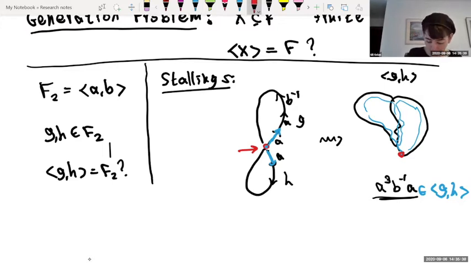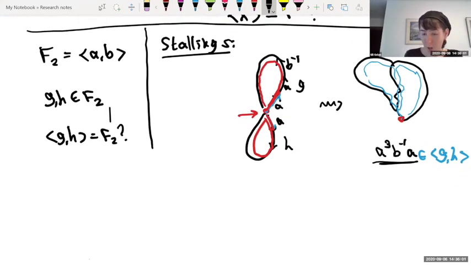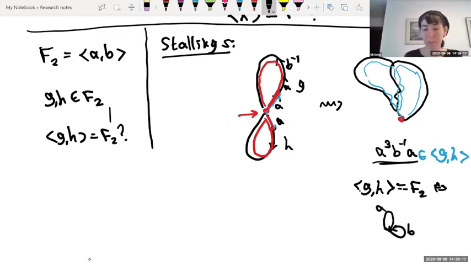Because here we could read G inverse H, but we had to read A inverse A, and once we folded this edge, we don't have to read A inverse A. So applying all of these foldings ensures that the final automaton, the Stallings core, accepts the reduced word if and only if it belongs to the group generated by G and H. So in particular, the group generated by G and H is the entire group F2 if and only if the Stallings core looks like that. It is just a bouquet of two cycles. We have two circles here, one labeled A and one labeled B.